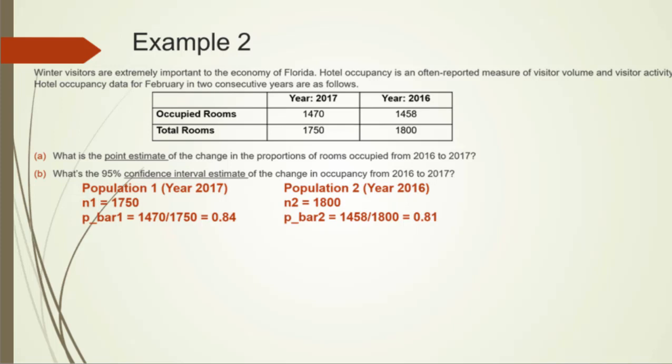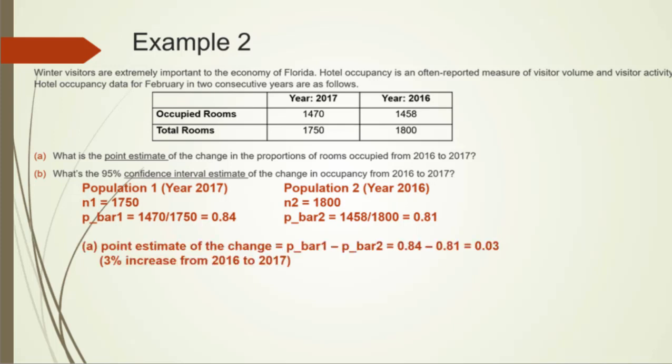You just have to be consistent in your calculations. Sample size 1 would be the number of total rooms in year 2017, that is 1,750. So N1 is 1,750. N2 would be 1,800. There would also be two sample proportions. P-bar 1 is 0.84 and P-bar 2 is 0.81.